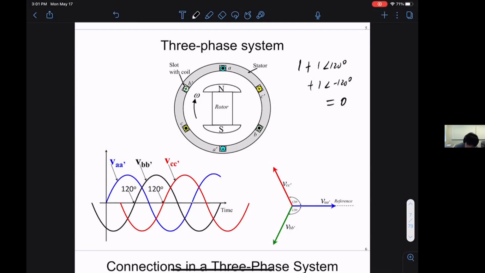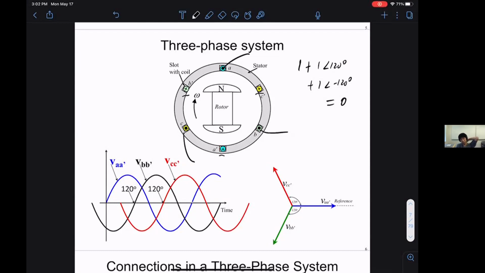If you look at the wires that come out of this generator, 3 wires come out: one from the A phase, one from the B phase, one from the C phase. Now the question is, what do you do with the return path, the opposite ends of the coils?